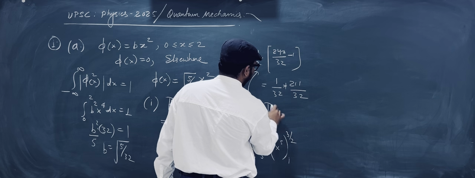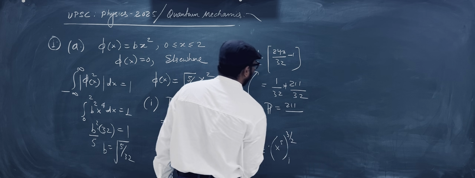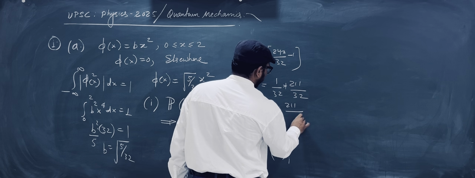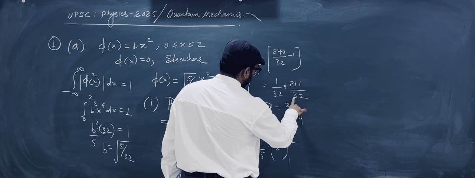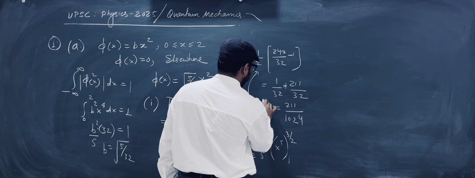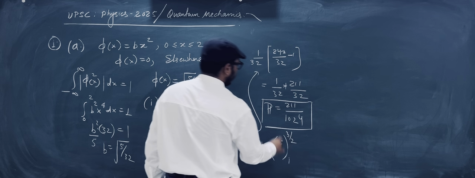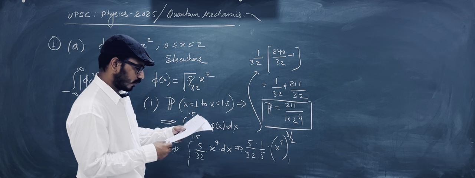So the probability will become 211 over 32 times 32, which is 1024. So the probability is 211 over 1024.